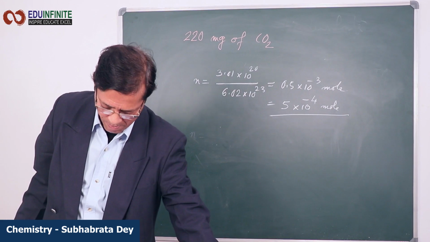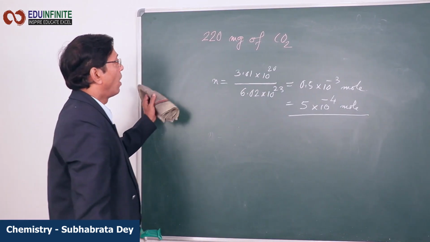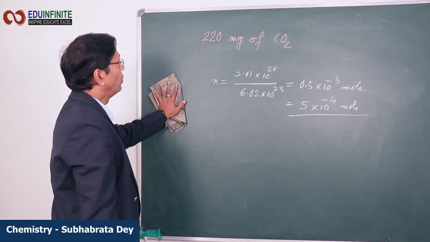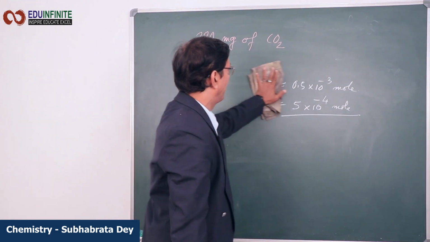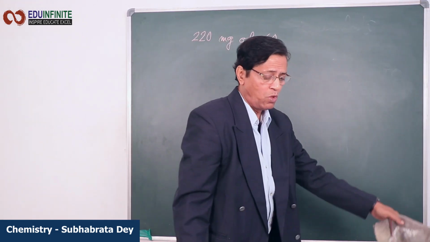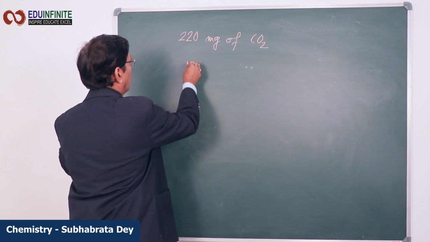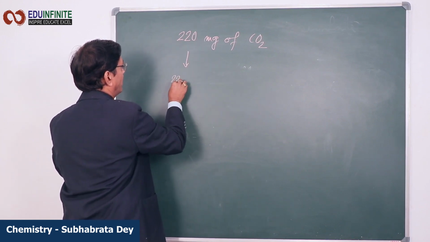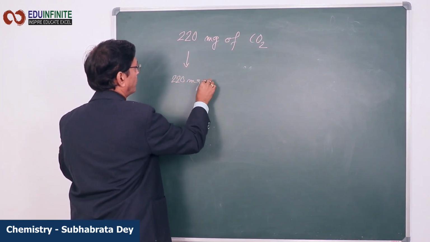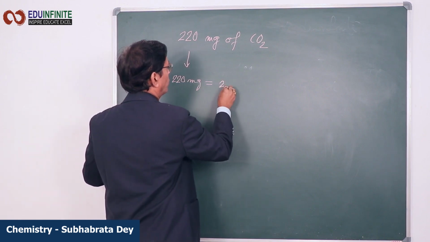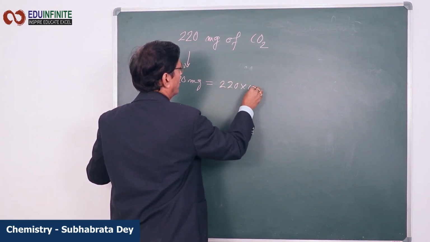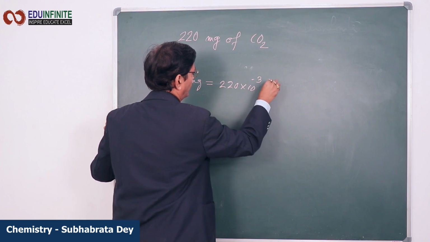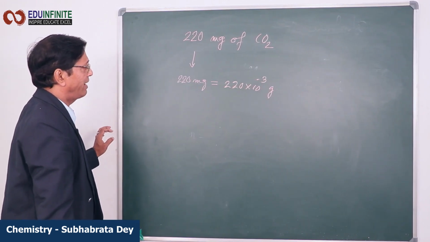As I have mentioned, whatever the unit given, convert this mass to gram. 220 milligram is equivalent to 220 into 10 to the power minus 3 gram. That should be the first step. Convert the mass in gram.